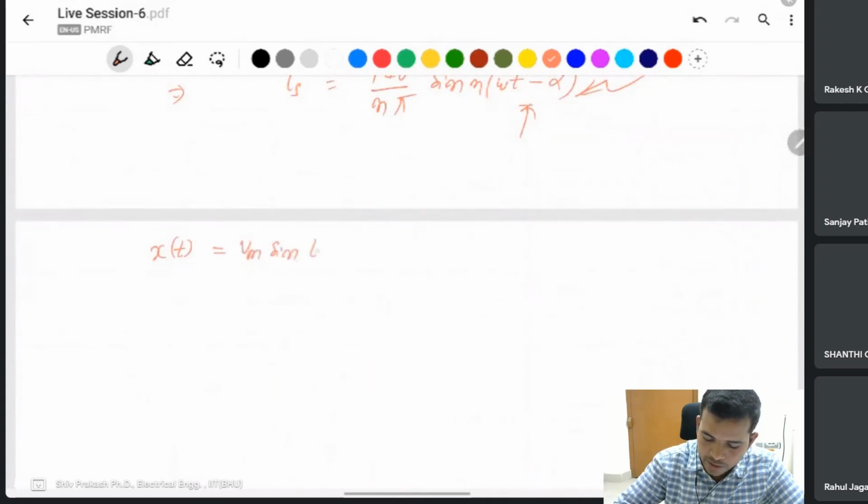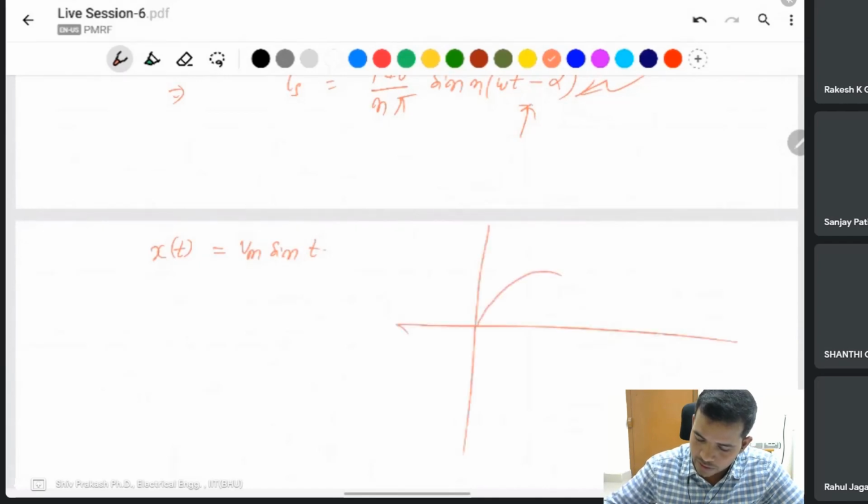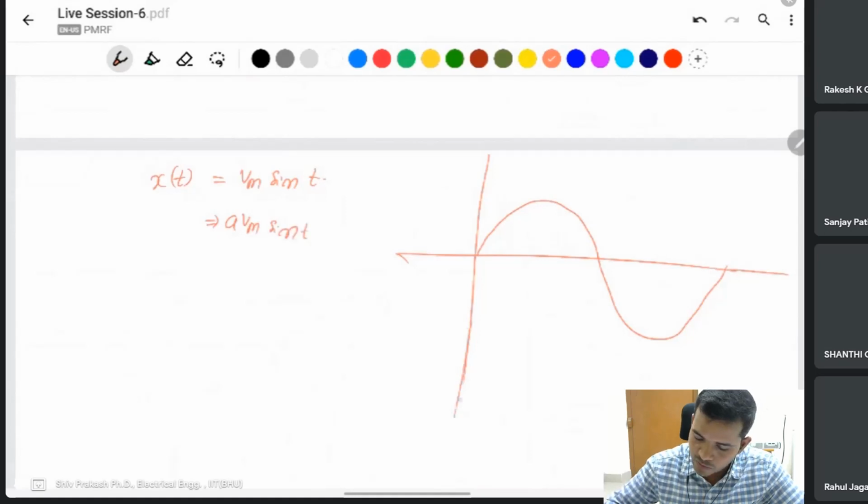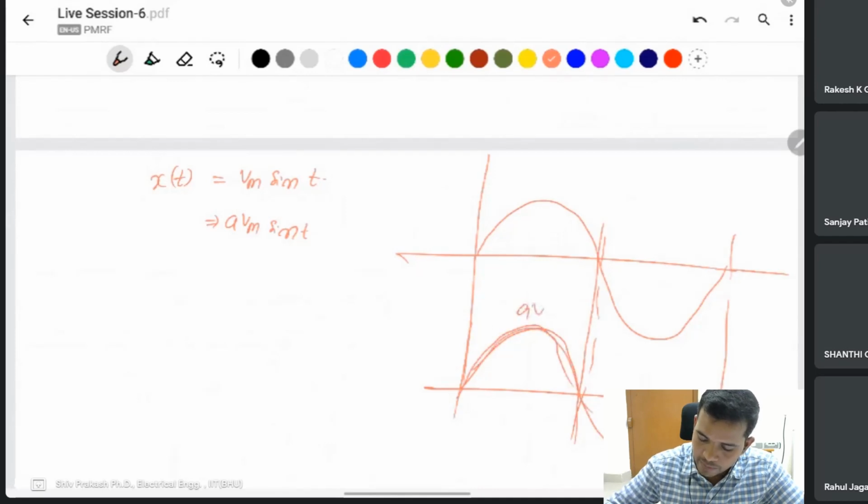If you multiply by some constant a, a Vm sin omega t, the x-axis will be the same but the magnitude will be different: a Vm and minus a Vm.